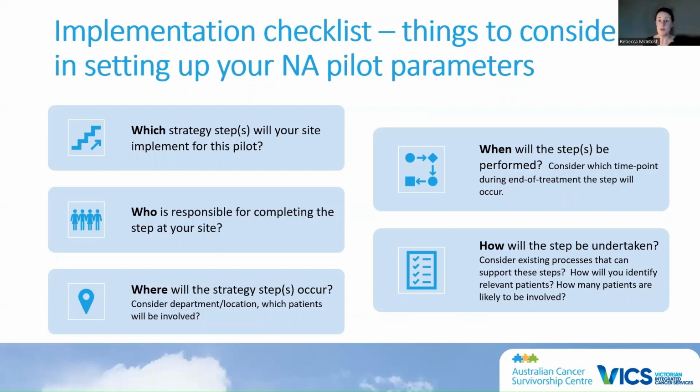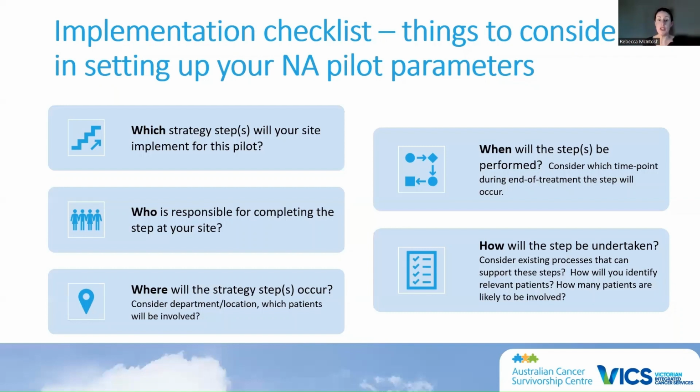Who will be responsible for the pilot at your site? Who is the key service contact? That is the site lead, who's responsible for minimum data reporting. Who else is a member of your project team and responsible for delivering the strategy? Who is your senior site contact who has authority to authorise and endorse the required tasks?